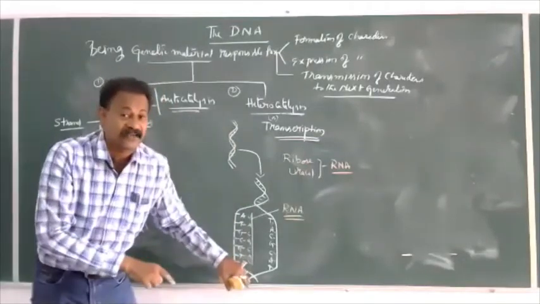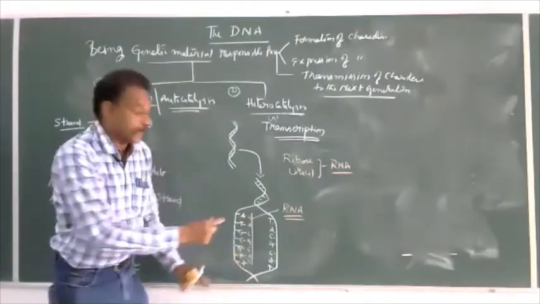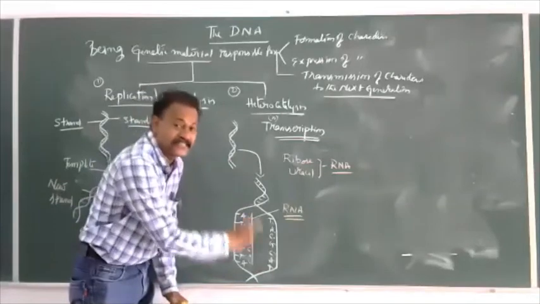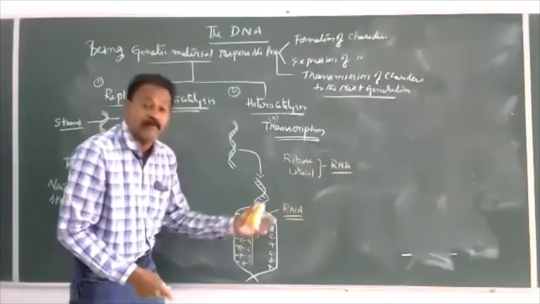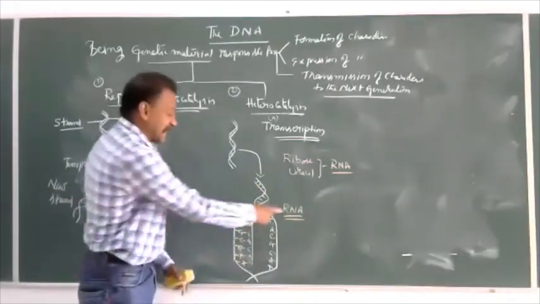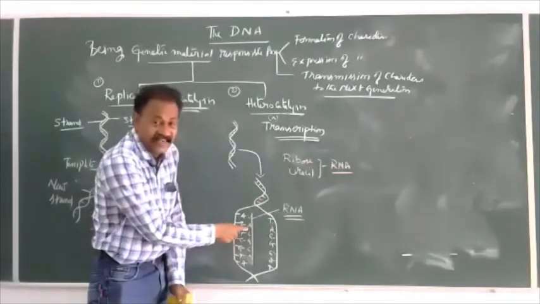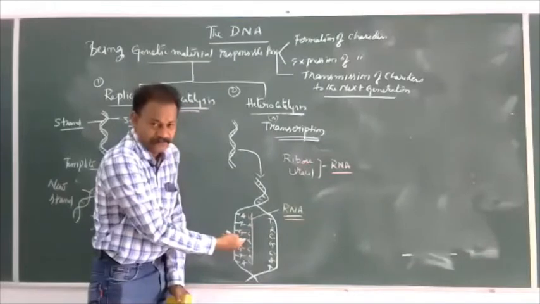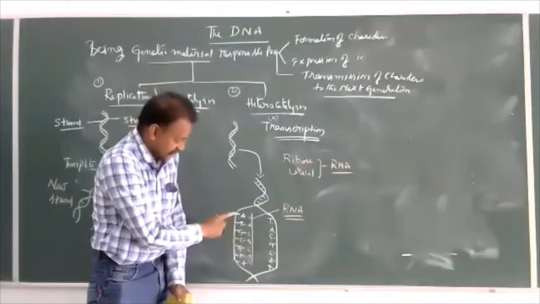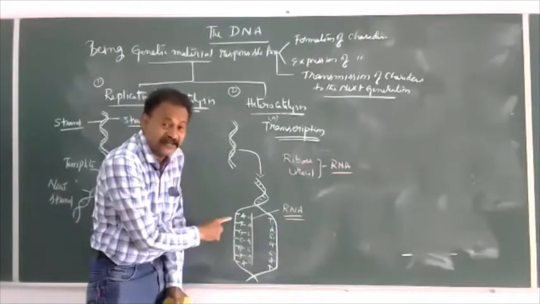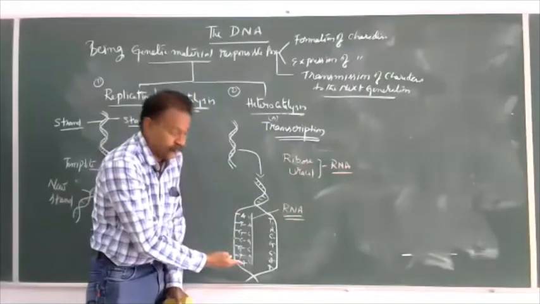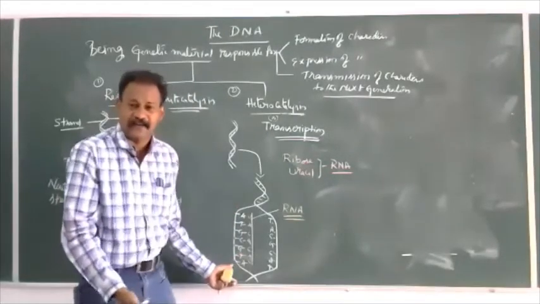So the process is the splitting of a particular segment of DNA to produce a particular amount of RNA, and this RNA carries the information of DNA in a transcribed form. What is information? The sequence of nitrogen bases is the information of DNA.